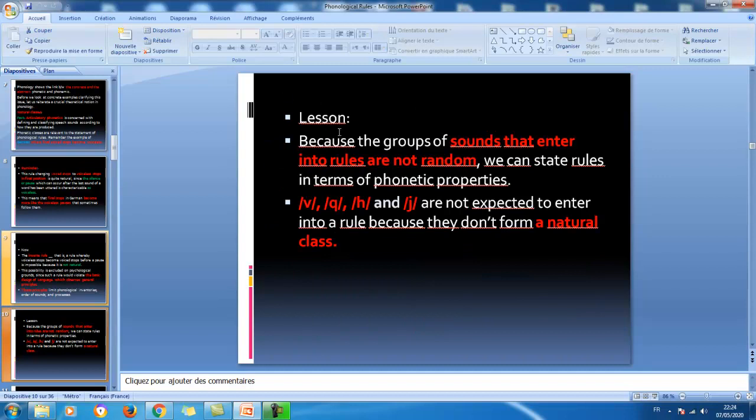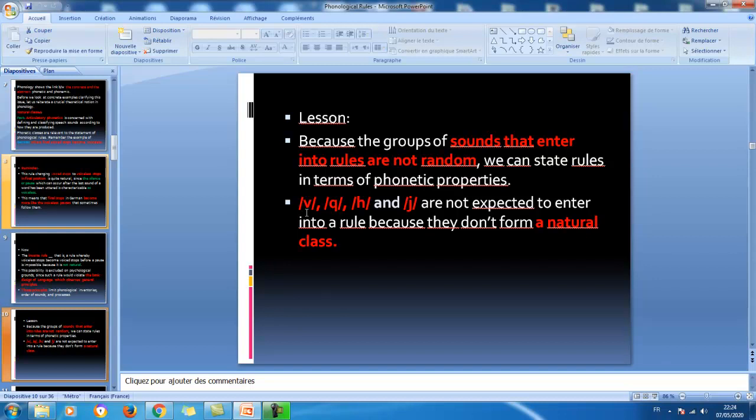Now, the general lesson that we can take from this is that because the groups of sounds that enter into rules are not random, we can state rules in terms of phonetic properties. Which means, instead of stating rules in terms of just isolated, separate sounds, it's better to talk about phonological rules in connection to groups of sounds or classes of sounds which share the same phonetic features.